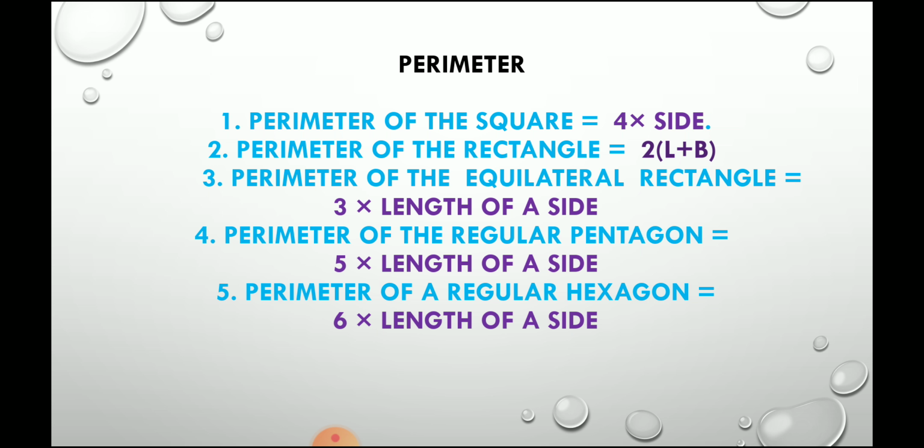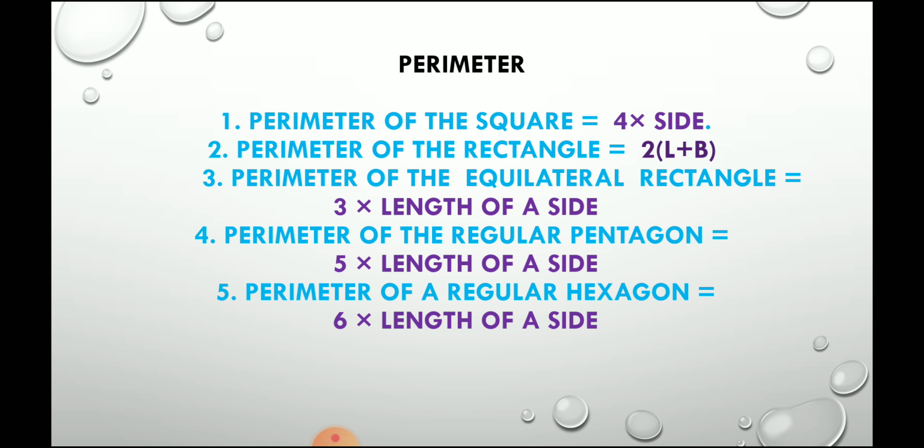How many sides does the triangle have? The triangle has 3 sides. If the 3 sides are the same, here 2, here 2, here 2, we use this formula: 3 into the length of a side.